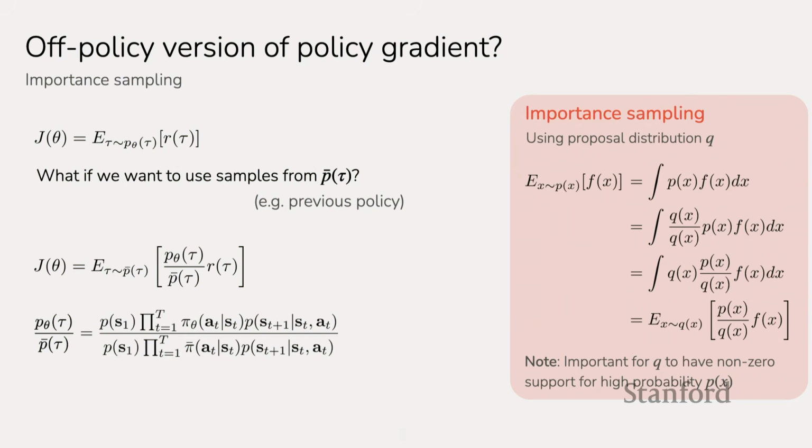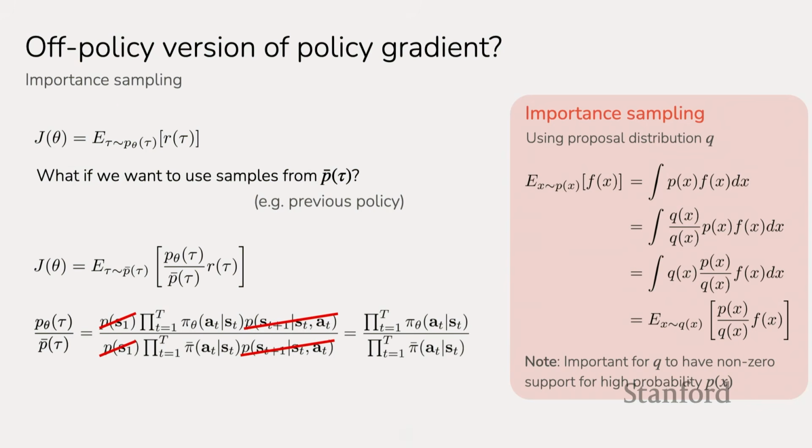Now there are some details. We've shown this in terms of P of tau. How do we actually do this in terms of pi of A given S? That gets a little bit trickier. We can write down P of tau and this ratio as the product of these different probabilities. Fortunately, some of the probabilities cancel out.